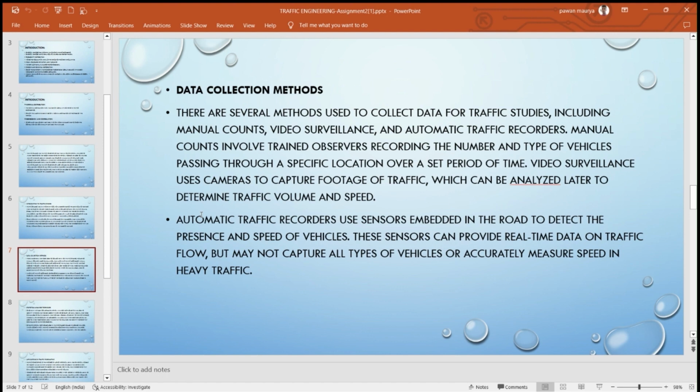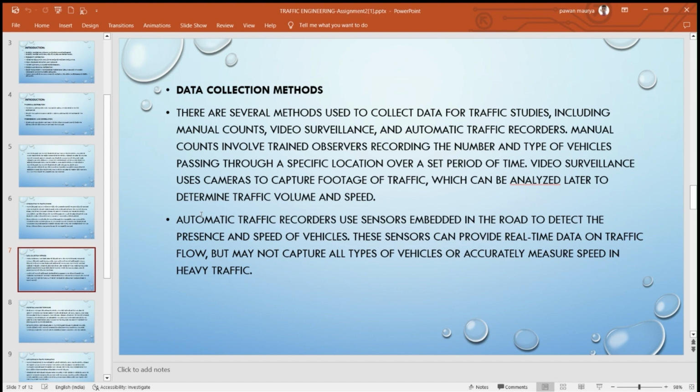Data collection methods. There are several methods used to collect data for traffic studies, including manual count, video surveillance, and automatic traffic records. Manual count involves trained observers recording the number and type of vehicles passing through a specific location over a set period of time. Video surveillance uses cameras to capture footage of traffic, which can be analyzed later to determine traffic volume and speed.